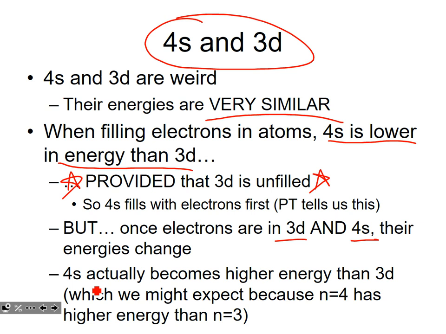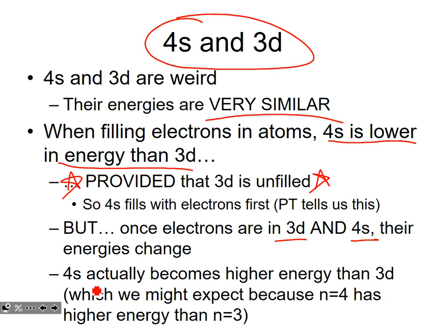Meaning, 4s is lower in energy than 3d if 3d is empty. So that's why we put electrons in 4s first. But as soon as you have electrons in both 4s and 3d, now 4s actually becomes higher in energy than 3d. 3d actually becomes lower in energy.